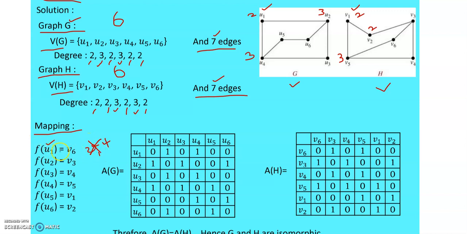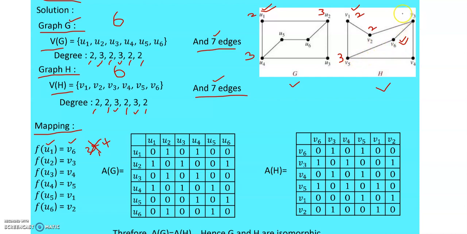Now u1 and v6. Okay, here for u1 I put a tick, u1 and v6. Now you see here, for u1 we have two adjacent vertices u2 and u4 having degree 3, 3. Now for v6 we have two adjacent vertices v3 and v5.